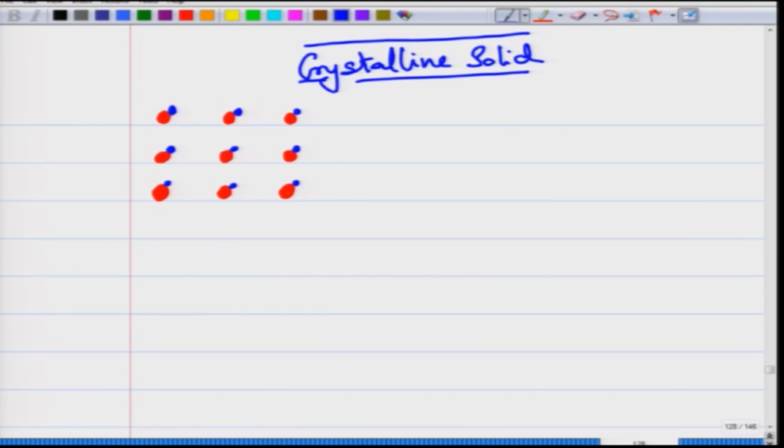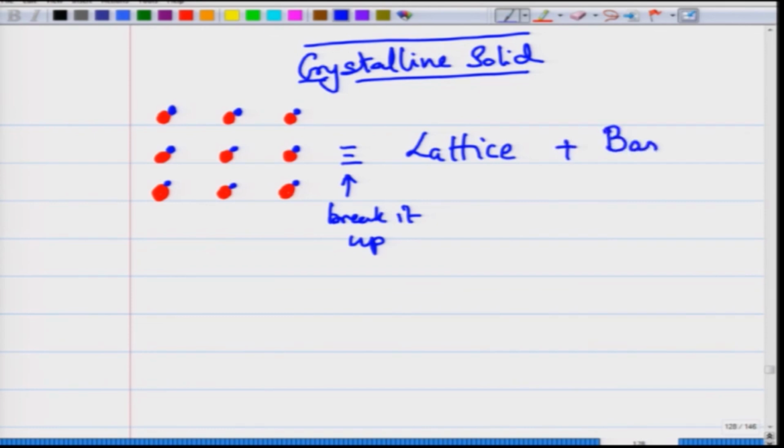So, to understand and to mathematically analyze these sort of crystal structures, we actually do an abstraction. We break up this sort of a crystal solid into a lattice plus a basis.